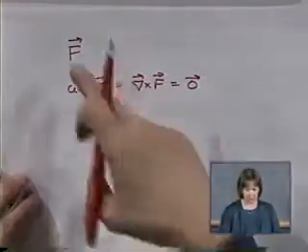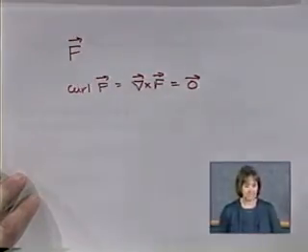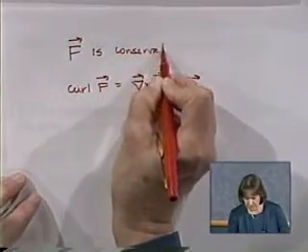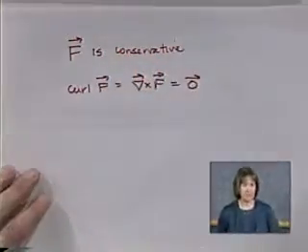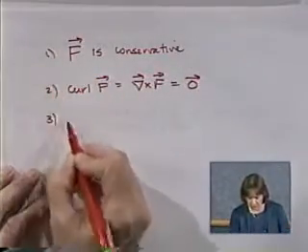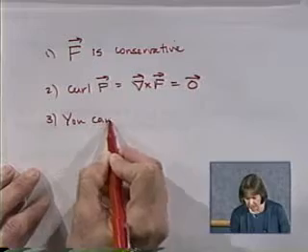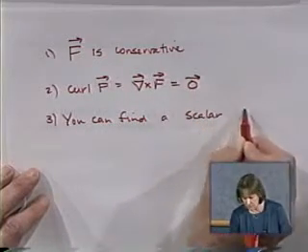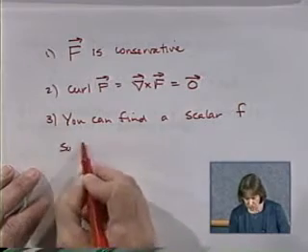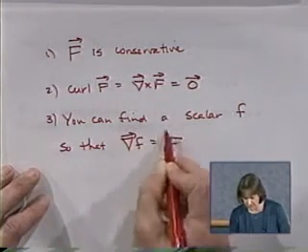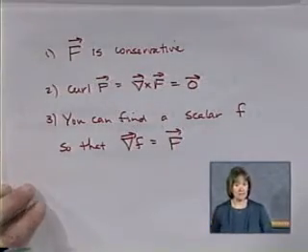What does that tell me about the function F? It's conservative, right? And when it's conservative, what does that tell you? That you can find a scalar function f so that the gradient of f is big F.